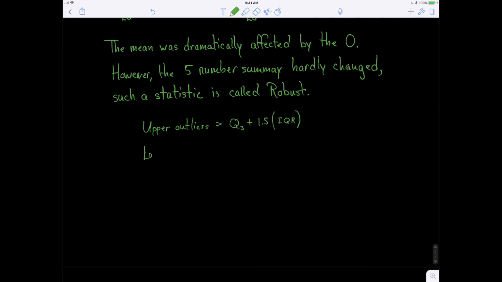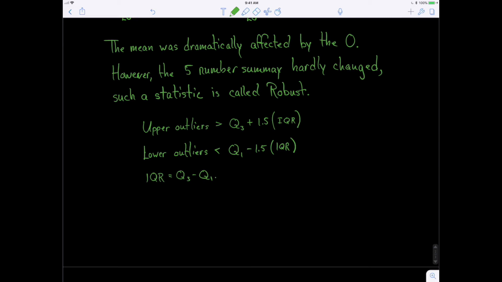Lower outliers are any values that are below Q1 minus 1.5 times the IQR. Okay, and remember the IQR equals Q3 minus Q1.